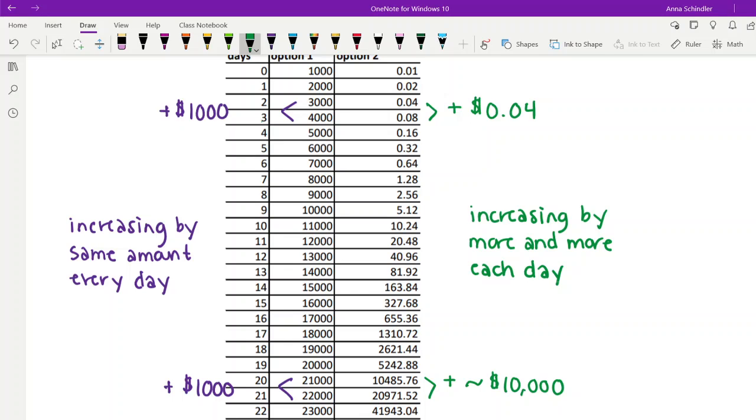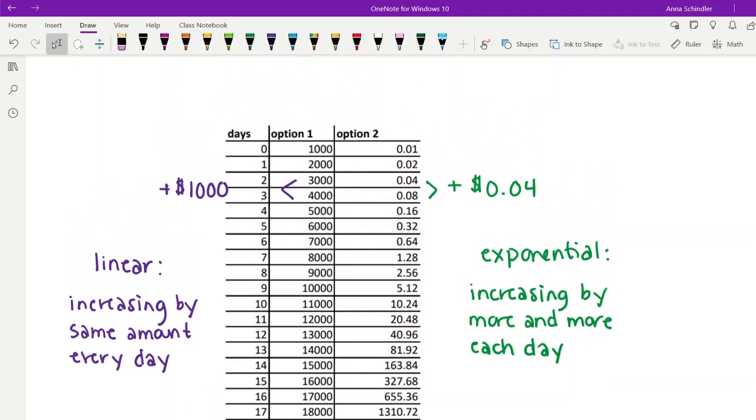The more money in the account, the more change we'll get because we're just doubling the amount in the account. So this left-hand option 1 is a linear function, whereas the one on the right is an exponential function. That's really the difference between linear and exponential functions. Again, we'll get more into that on the next page.